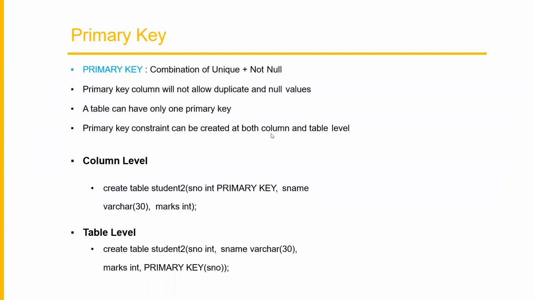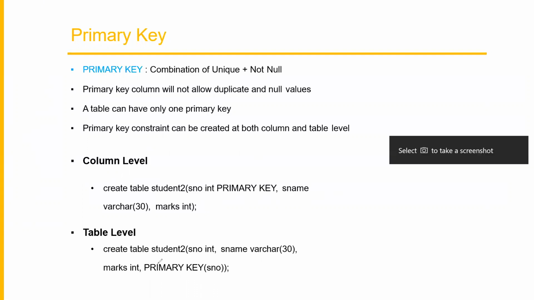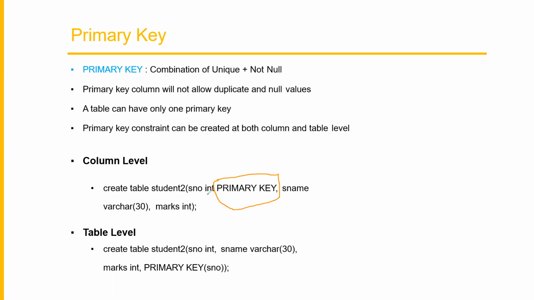And if you observe, this is how we define the primary key at the table level. Column level in the sense, once we define the column, right there we define this constraint saying that this column is primary key. And table level is like we define the table, we define the columns in it, and at the end we define what the primary key for that table is. And this is the syntax of it.